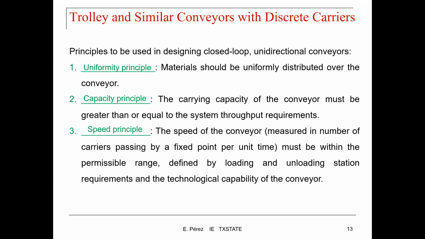And three, the speed principle. The speed of the conveyor, which is measured in number of carriers passing by a fixed point per unit time, must be within the permissible range defined by loading and unloading station requirements and the technological capability of the conveyor. So three important principles: uniformity principle, capacity principle, and the speed principle.